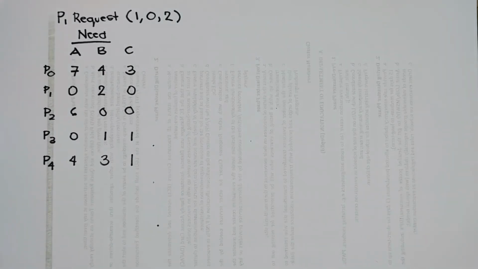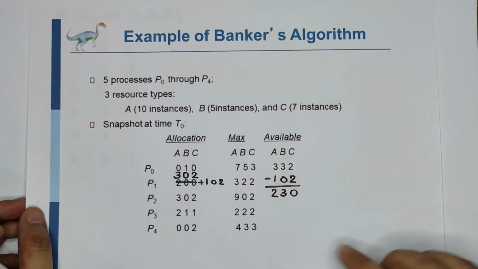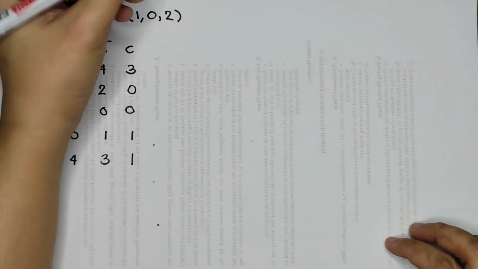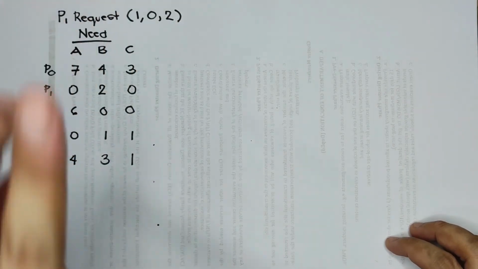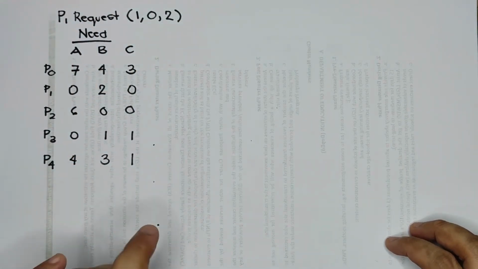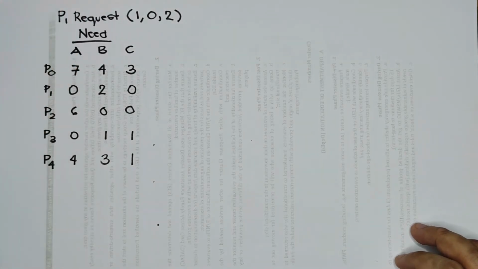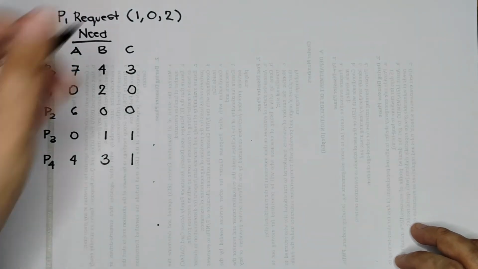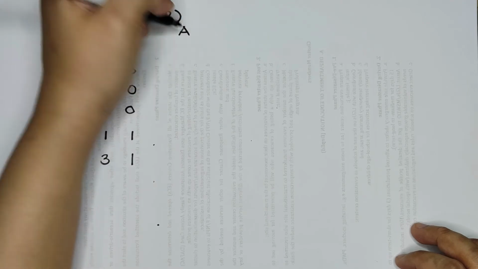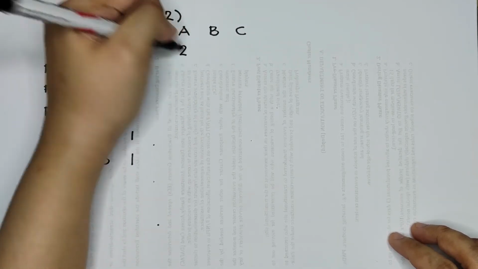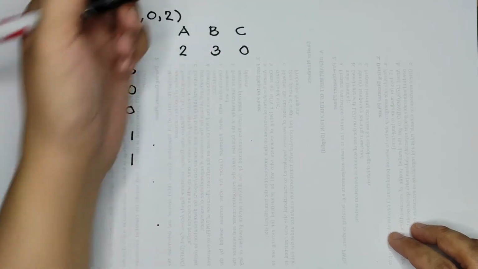Our new available resource now is 2, 3, 0. Just like what we did, let's see if, when P sub 1 requests 1, 0, 2, the processes will finish their execution and satisfy the safety requirements. So, our available is 2, 3, 0.